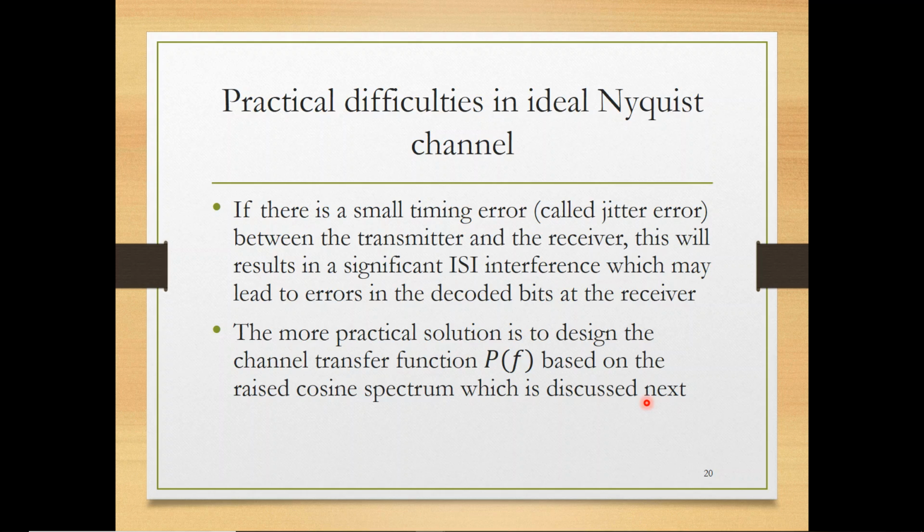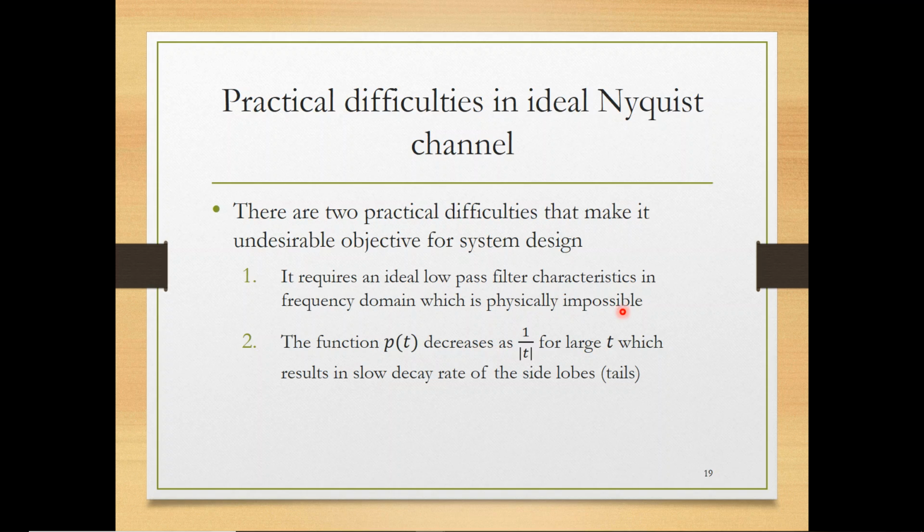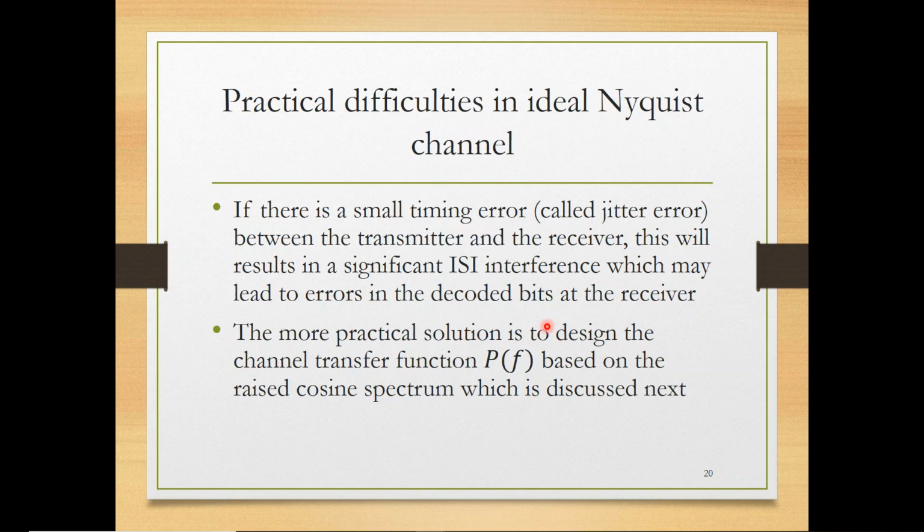Now this is just to make you understand these problems more. This is the first problem, and the second problem, a practical case. If you have a timing error, what's a timing error?